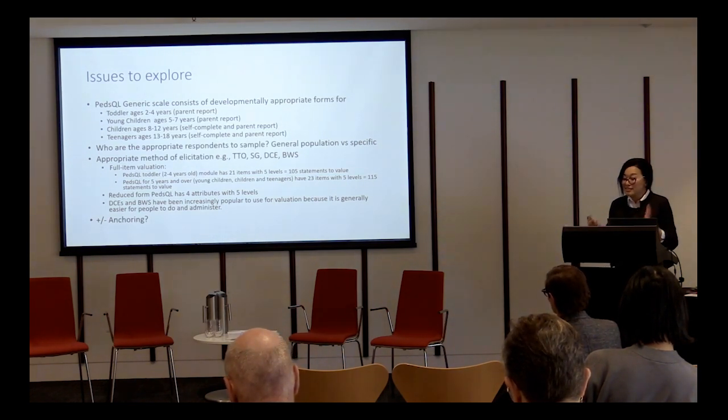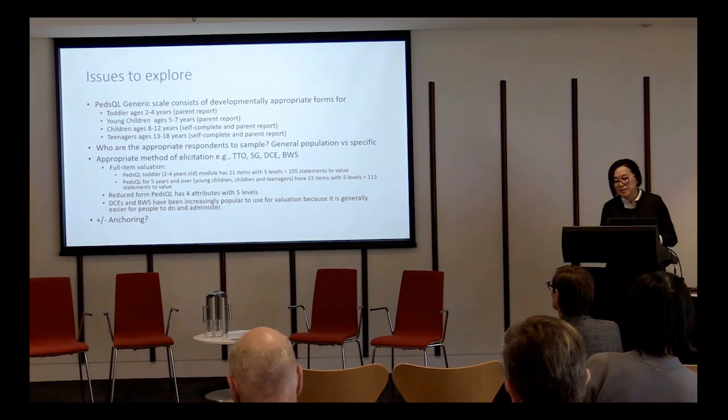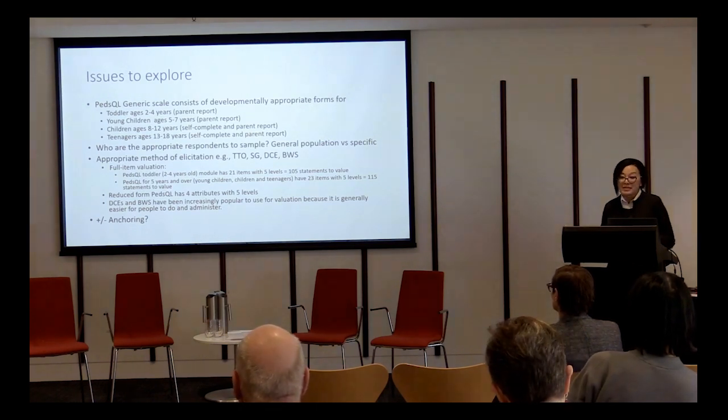So that's one consideration. Given all of these versions and modules, we have to think about what kind of value set we want. Do we want just one value set, or should we have value sets for every single version and module? That's something to think about as well. The second challenge is, who are the appropriate respondents to sample?